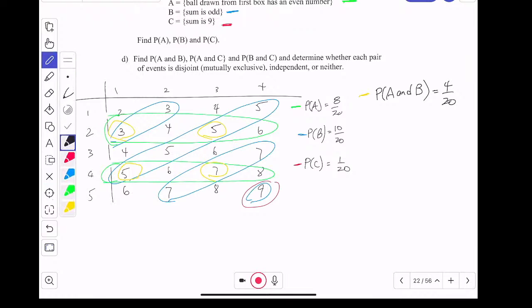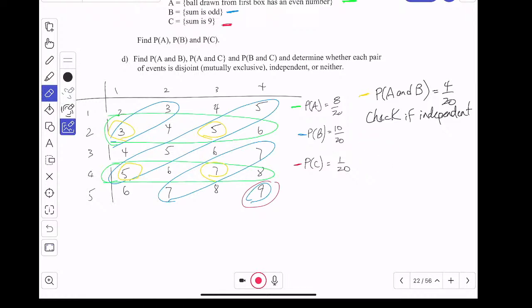So to check for independence, if it's true that this value, 4 out of 20, is the same as A times B, then they are independent. So let's check.